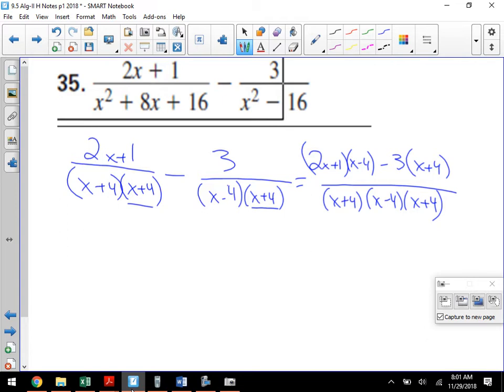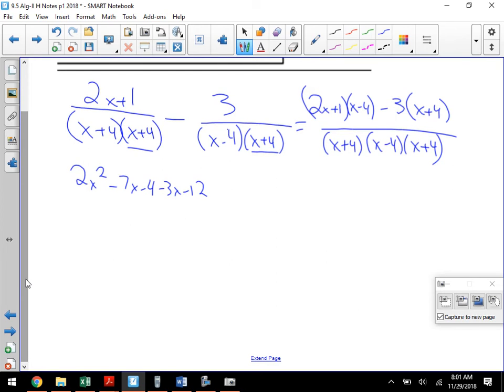Now you gotta FOIL everything out, distribute, combine like terms. You get what? 2x squared minus 4x plus 1 is minus 3, 8x. So that'll be 7x minus 4 minus 3x minus 12.